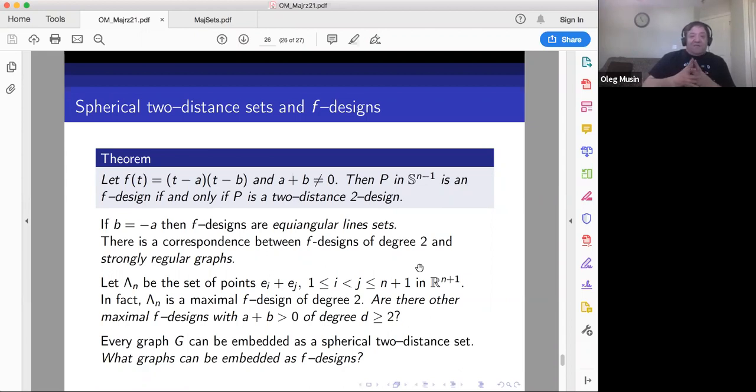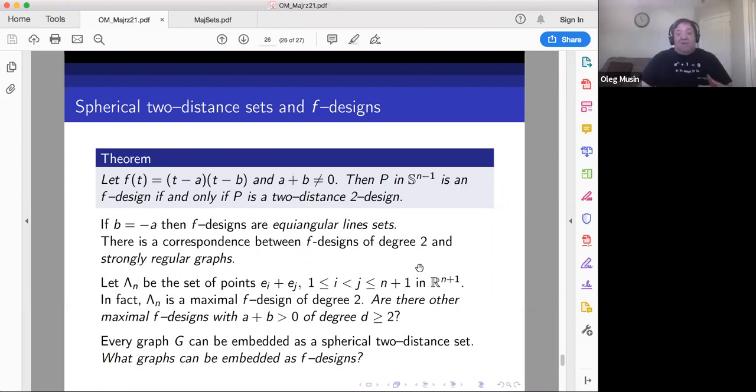That gives us the maximum F-design of degree 2. It can be proved that for a plus b greater than 0, it gives exactly n plus 1 choose 2, the upper bound for such two-distance sets in any dimension.